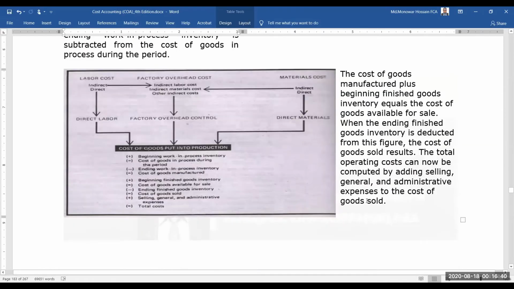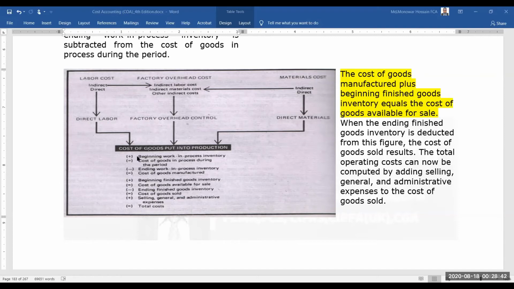In the periodic cost system, cost of goods manufactured plus beginning finished goods inventory equals the cost of goods available. Direct goes to the cost of goods sold, and indirect goes to the factory overhead. Direct is the direct material and direct labor.